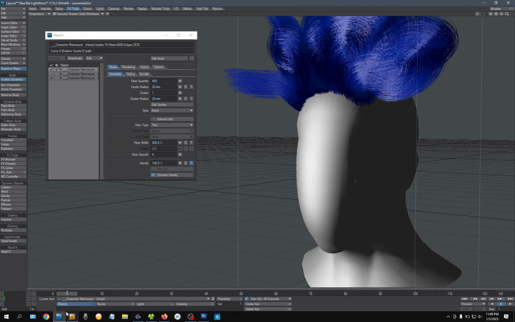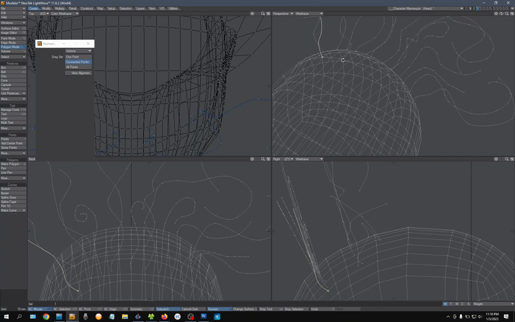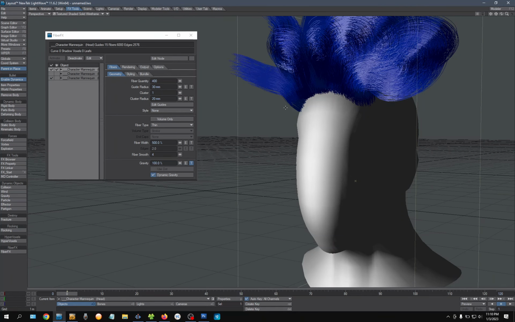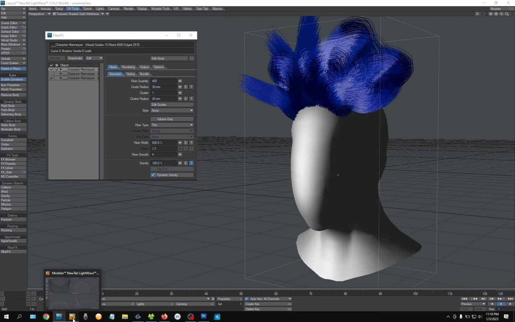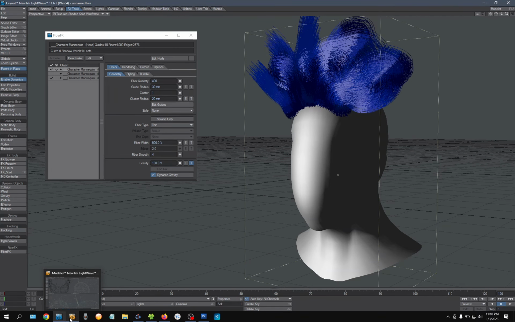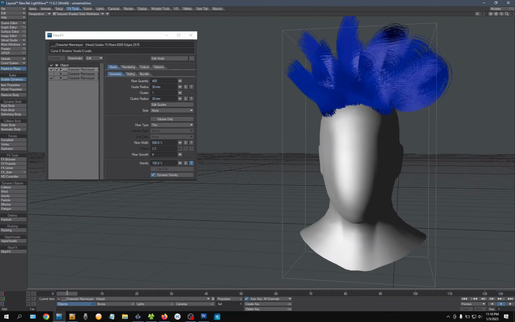Why did it do that? That's strange. Oh, you know what? It snapped, I think. I think it snapped to something. Maybe this one. No, it's still strange. I don't know. I find it a bit strange that moving it like that makes it like this. What's that?